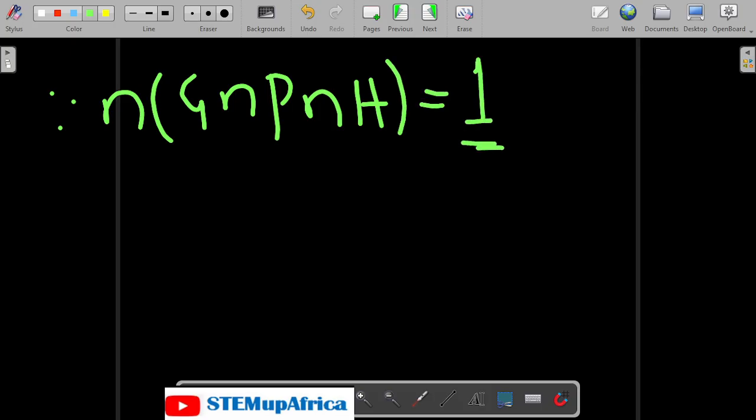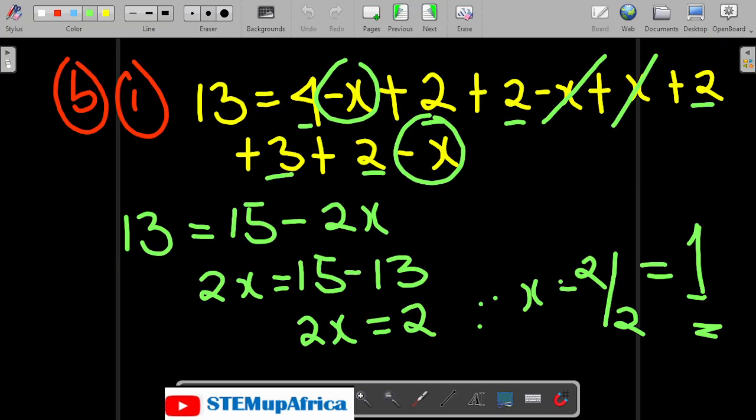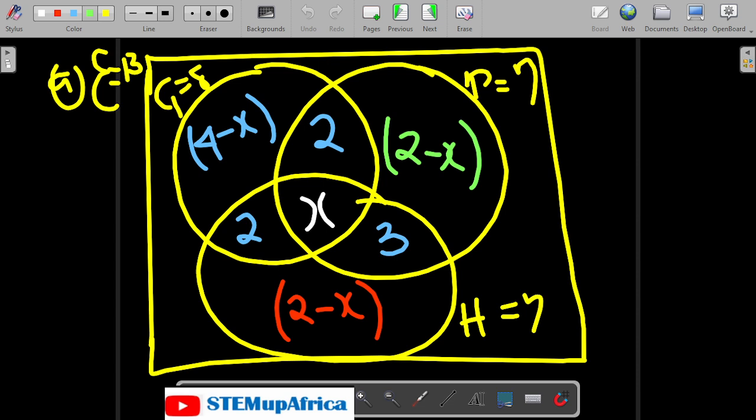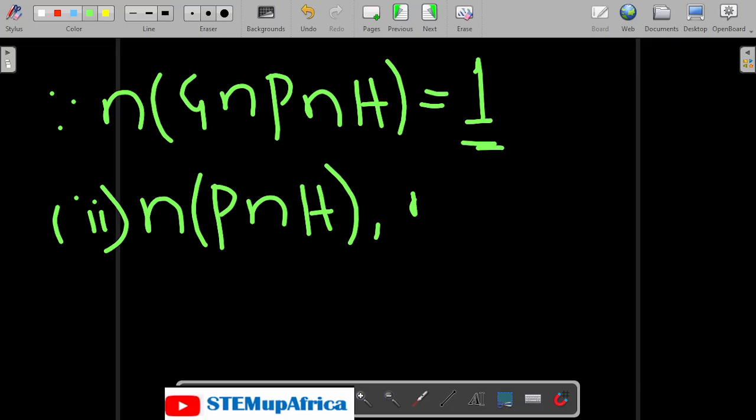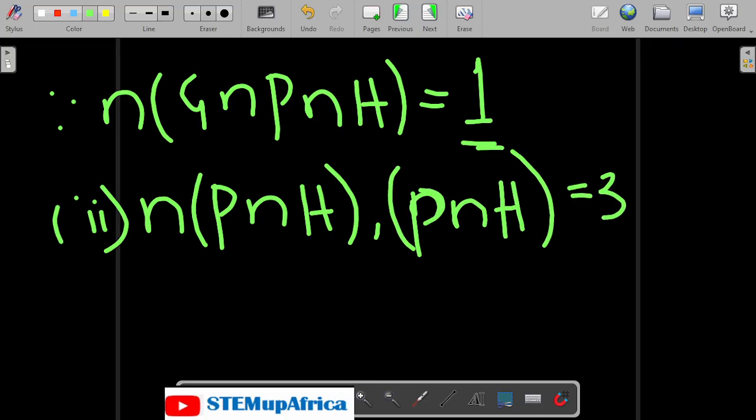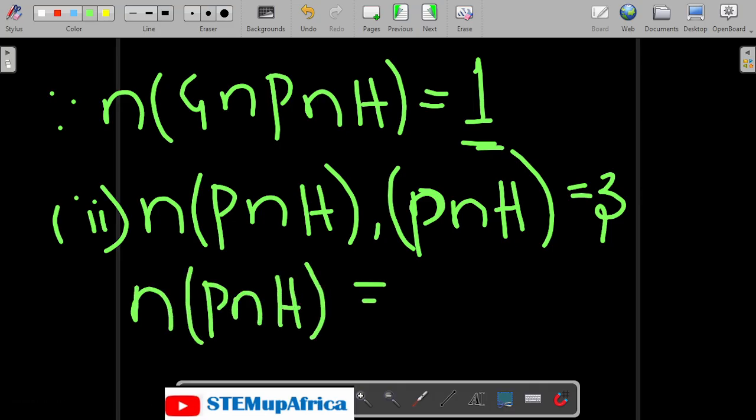For Roman figure 2, we are asked to find the number for P intersection H. Where's our P intersection H? It's here. P intersection H is the region with value 3 and the region with x, so the value of n(P∩H) is 1 plus 3... so our answer is as read from the diagram.